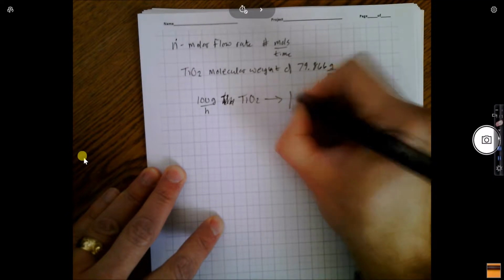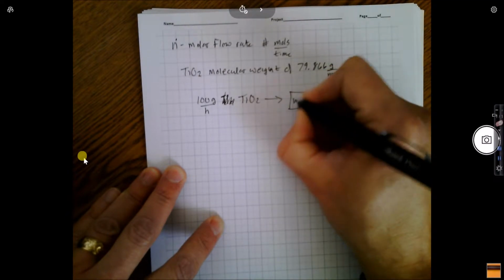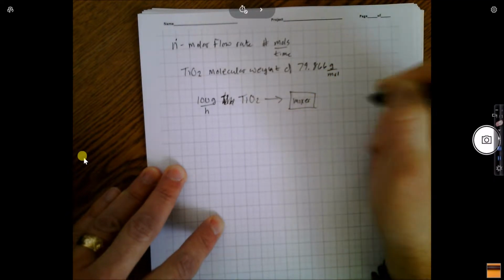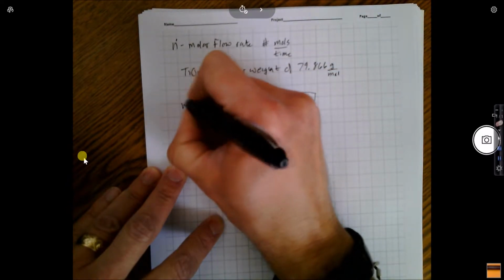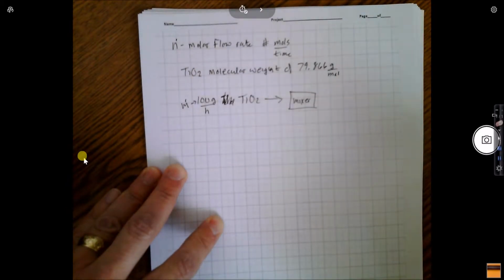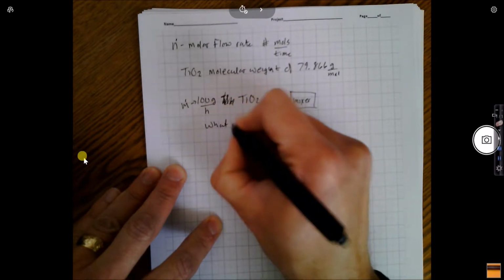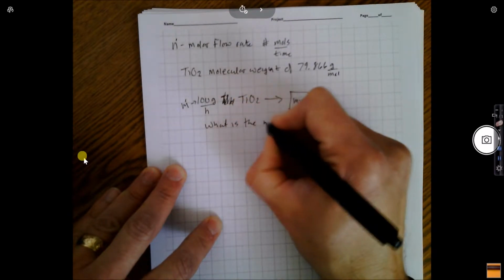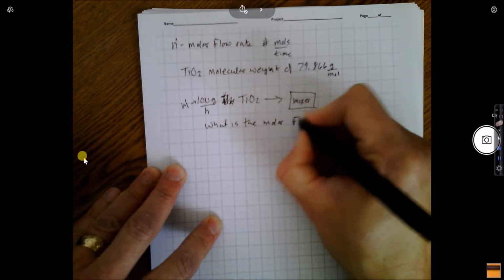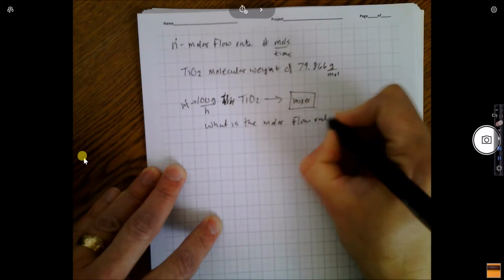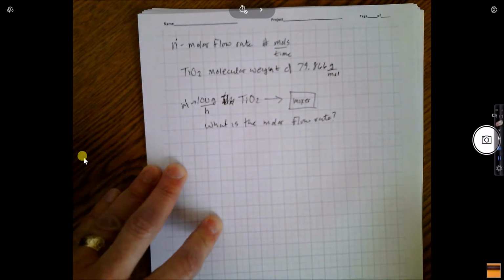Going into a mixer. And since this is the mass flow rate, we want to know what is the molar flow rate.